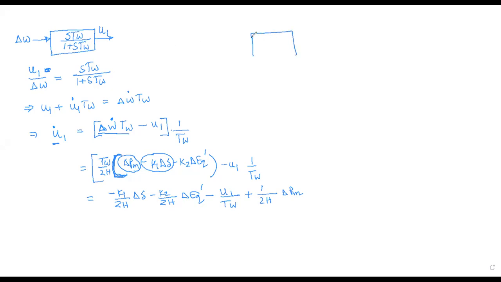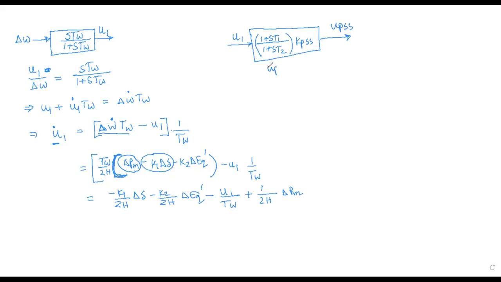Of course, we are considering one stage PSS here. So now this U1 is the input. We have 1 plus ST1 divided by 1 plus ST2, and then we have a KPSS. You can simply multiply KPSS under the same block, because again there is no integrator or differentiator, no S with KPSS, simple gain. And this would give us UPSS.